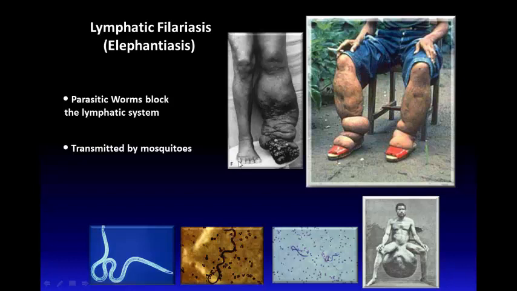And lastly, as I mentioned earlier, elephantiasis is a disease which is caused by parasitic worms blocking the lymphatic system and is transmitted by mosquitoes. These are the filarial worms.